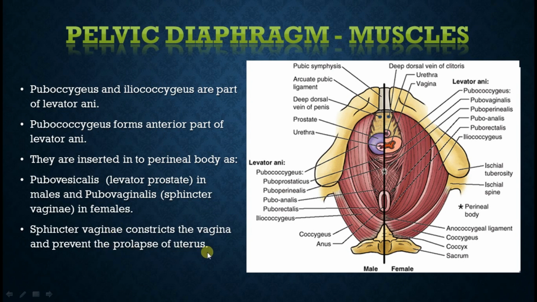So above you have the childbearing organ, the uterus. Due to increased intra-abdominal pressure or weight-bearing gravity, the uterus might prolapse. To prevent it, some fibers of the pubococcygeus, which is called the pubovaginalis, insert into the wall of the vagina, the sphincter vaginae.